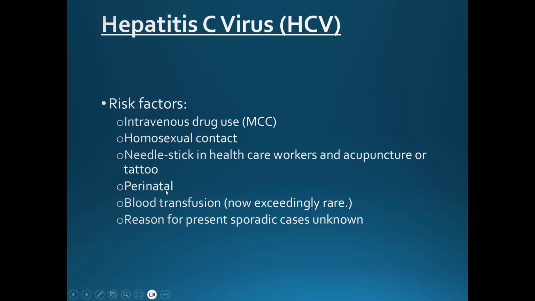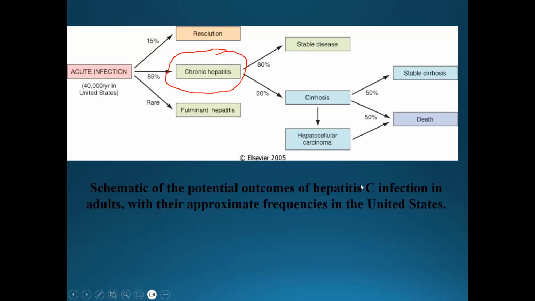And the kind of carcinoma that they will develop will be in the absence of cirrhosis, before the immune system was able to mount a response to the hepatitis B virus. Whereas in hepatitis C, that's a pretty rare kind of condition. So perinatal transmission is rare in hepatitis C, very common in hepatitis B in Southeast Asia.